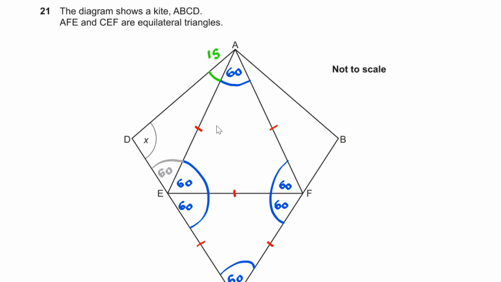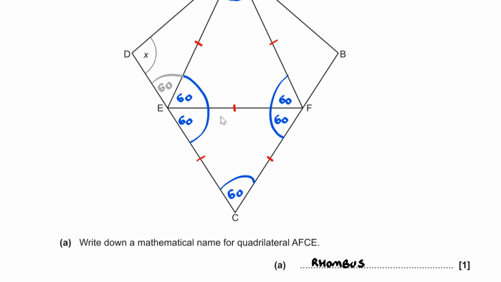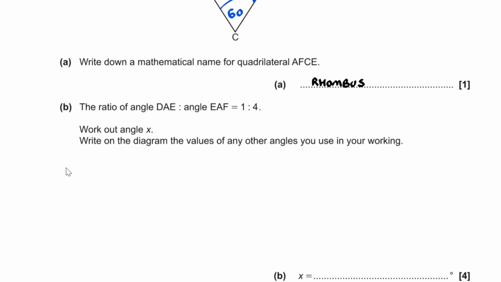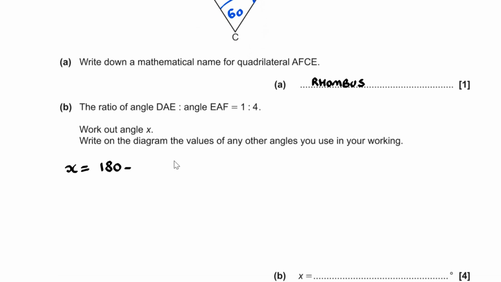And recognizing that angles in a triangle add up to 180, what we'd have then is X equaling 180, because we've got the sum of the angles in a triangle, take away the 60, take away the 15. This tells us what X is, which is 105. So we've got X equals 105.